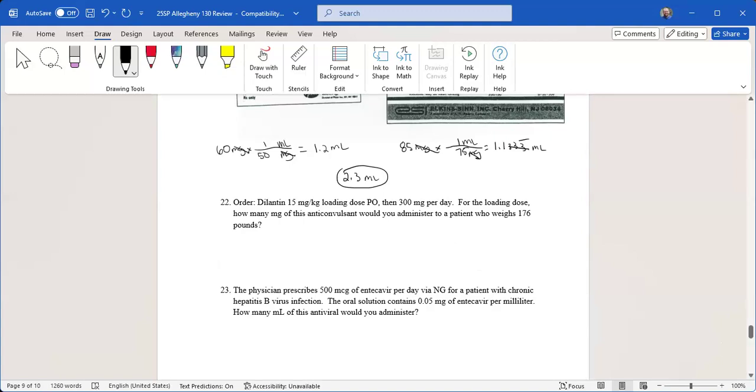So if you did not get the review test or where to get the information for this, it's in the same place you got the information to come here and where you got this Zoom information. There is a OneDrive link. You click on the Allegheny folder, go to 130, and that's where all this information will be posted for you.